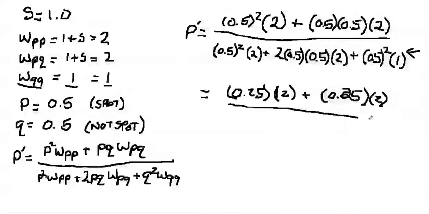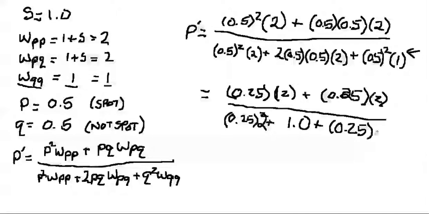That's going to be over 0.25 times 2 plus 0.5 times 0.5 is 0.25 times 2 is 0.5 times 2 is 1. Sorry guys, that should have been a 2 there. So plus 1.0, and down here we're going to have 0.5 squared. That's going to be 0.25 times 1.